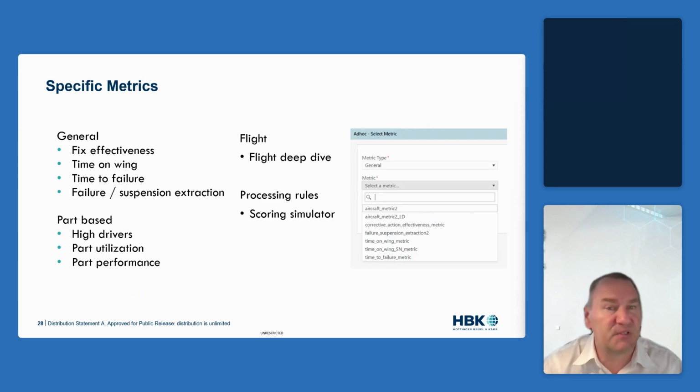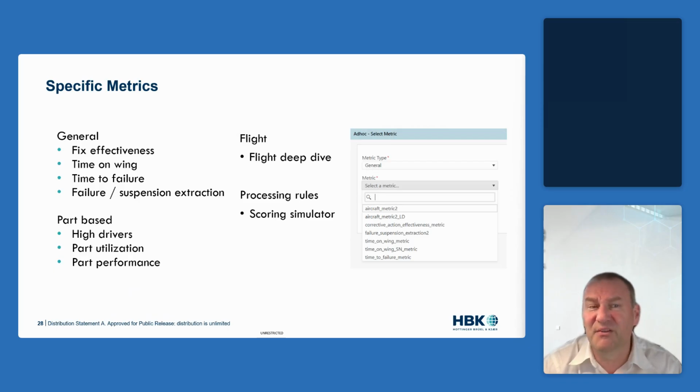We also make specific metrics that really help us isolate and identify information that can be used going forward. Some of the things like fix effectiveness, a particularly challenging calculation inside the system when you have a series of aircraft and changes are made over time, sometimes over the course of years, one aircraft at a time.